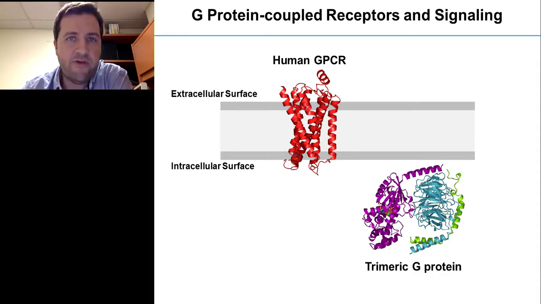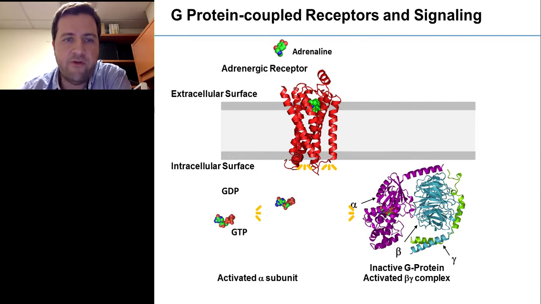Now, the basic scheme of action for human GPCRs at the cell surface proceeds as follows. So you have a small molecule, in this case adrenaline. It's recognized by the GPCR and it binds to it, causing a conformational change to happen on the intracellular surface.